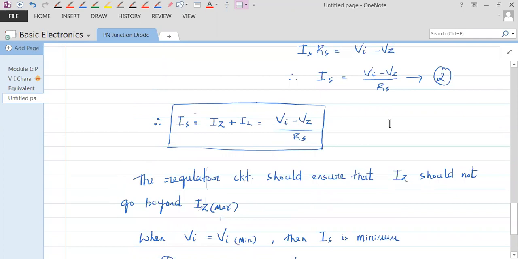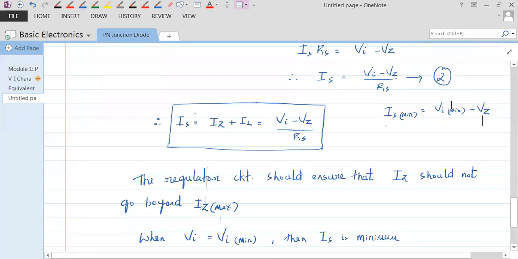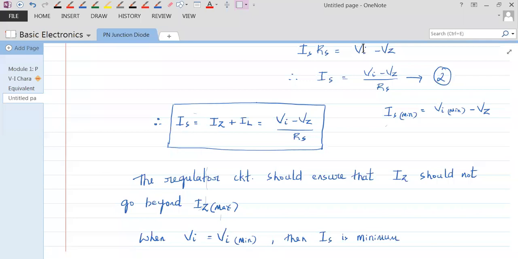Let me write that here, then I can copy it there. If your Is is minimum, then equation 2 would look like Is minimum equal to Vi minimum minus Vz. Can I say Vz minimum there? Because Is minimum and Vi is minimum there. No, sir. Why?